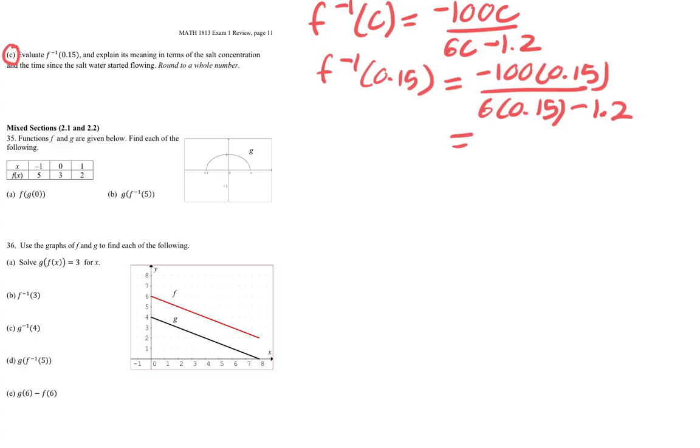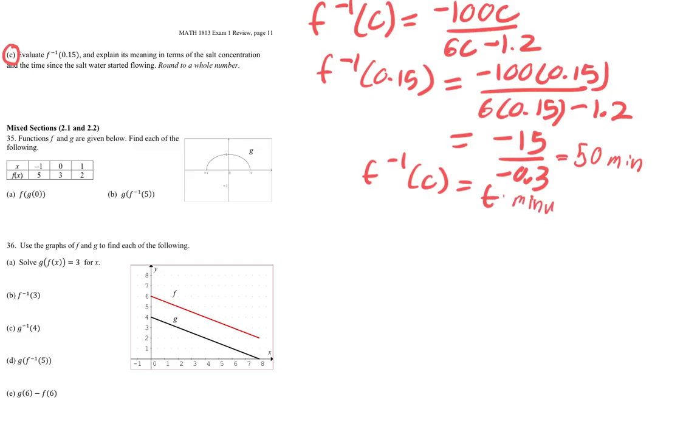That brings our numerator to negative 15 and our denominator to negative 0.3, which simplifies down to 50, and this is in minutes, because f inverse of c is also equal to t, which we said in the first part of the problem is in minutes.